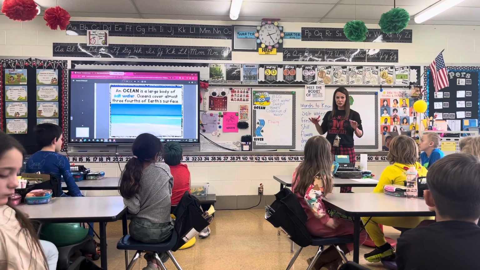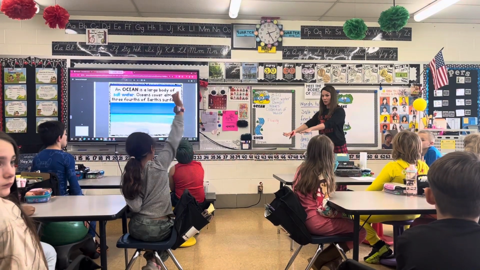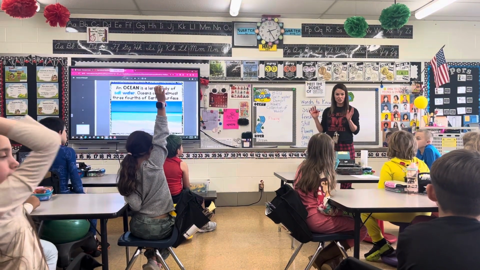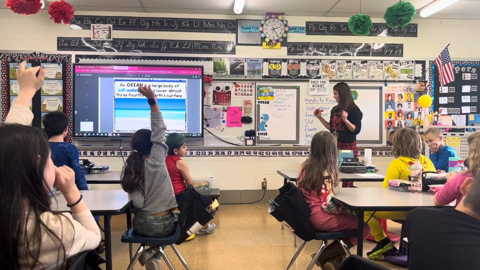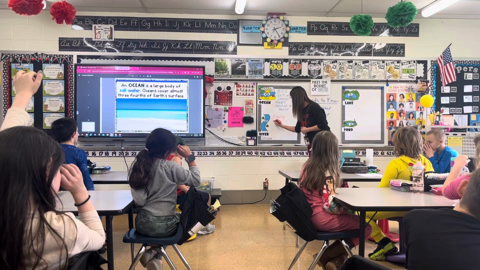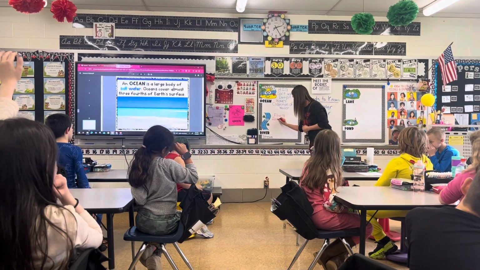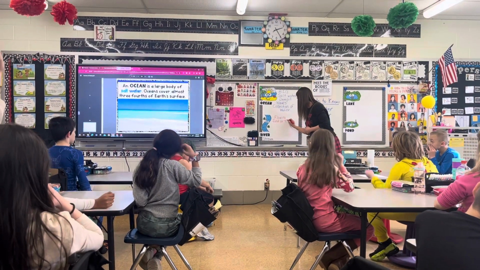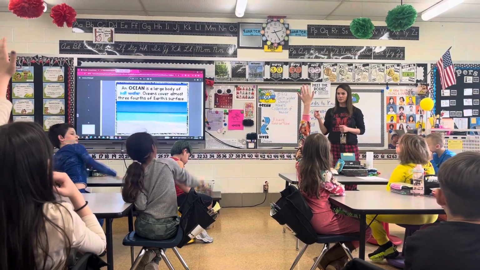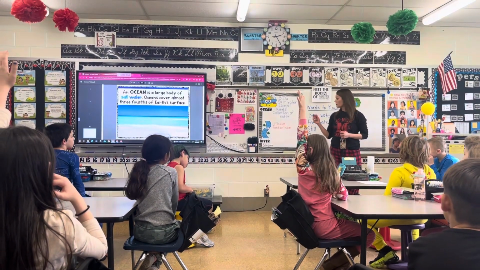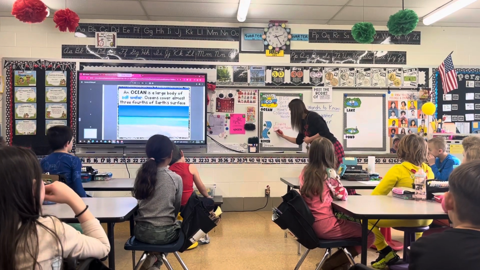If there's lots of rain coming down the mountain, the river is faster. It's just a big current. So it can be fast or slow. What kind of water? Fresh water. Yes.